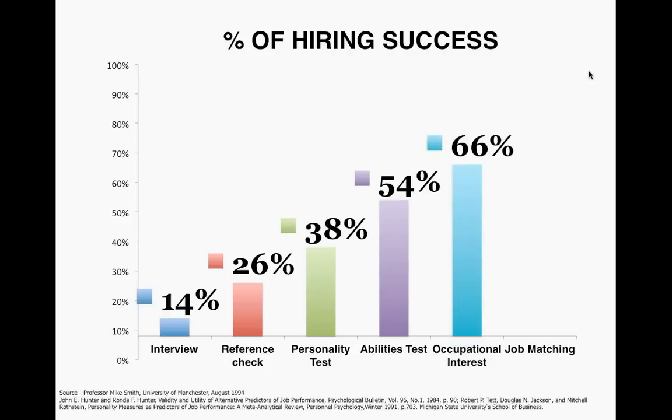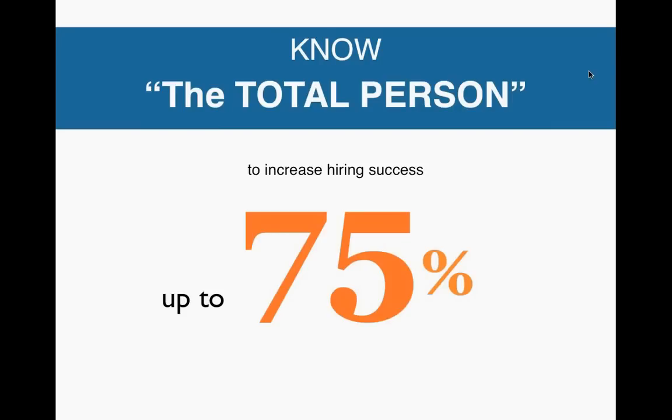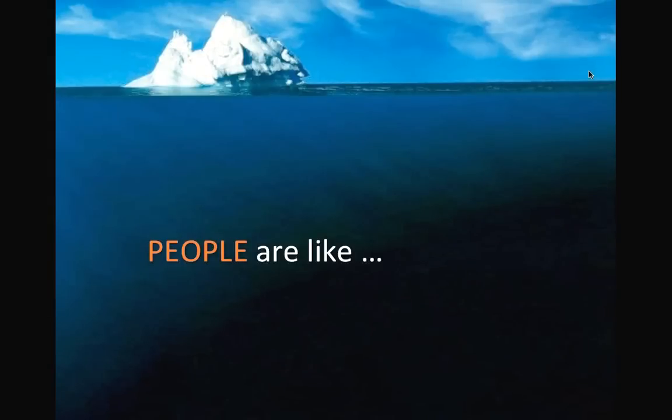If you include reference checks and personality tests, which quite a number of you are already knowledgeable about, it goes up to just 38%. If you include abilities and occupational interests as part of those batteries, it goes as high as 66%. And lastly, if you utilize the job matching and job fit approach, it increases your chances of hiring success up to 75%.